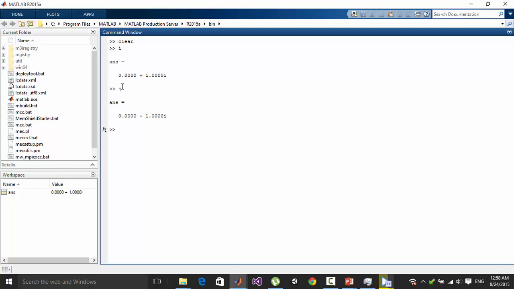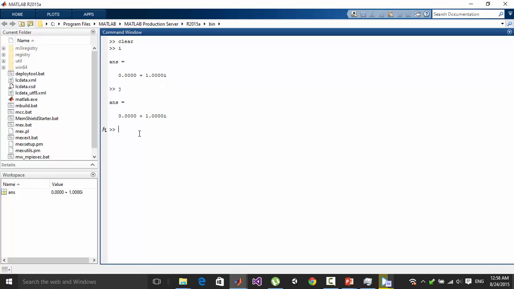If we have typed I, we basically have two parts: the real part, which is 0, and the imaginary part, which is I, or radical of -1.